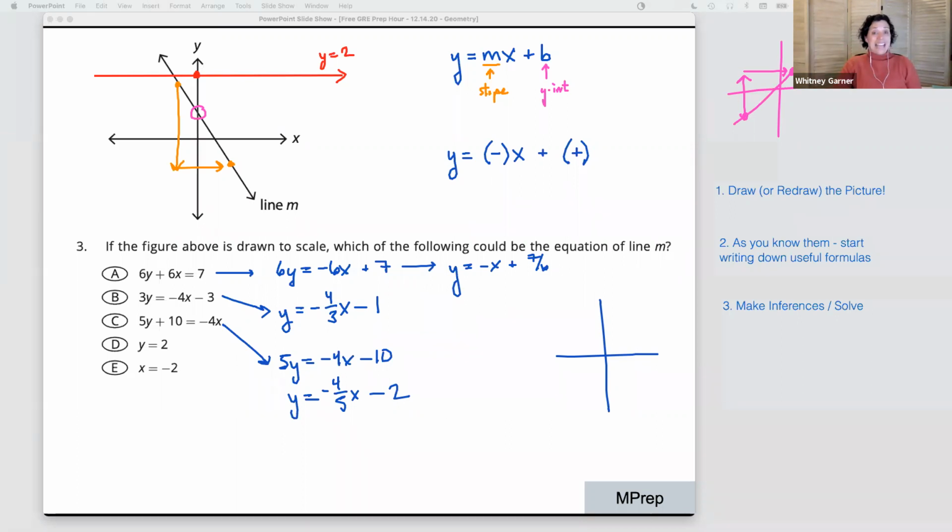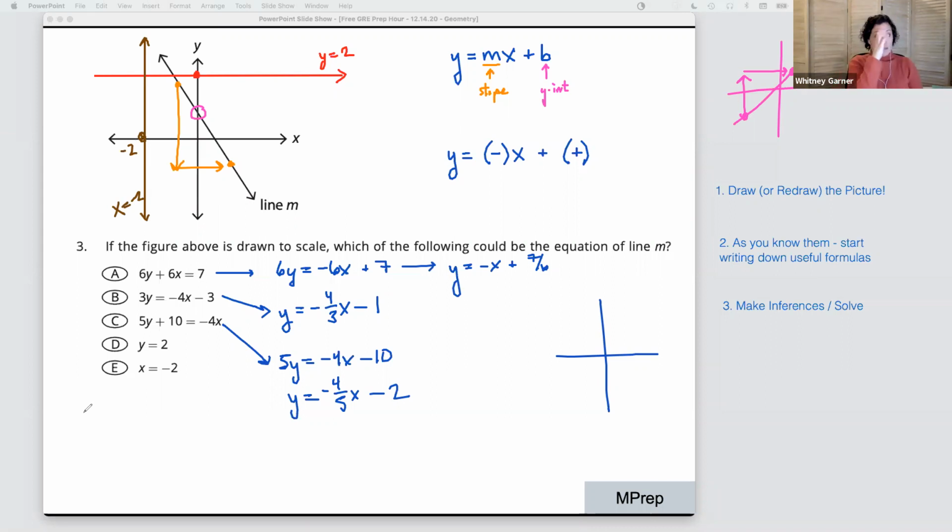X equals negative 2 is going to be a vertical line that crosses where x is negative 2. So if we assume that this point right here is negative 2, then this is the line for x equals negative 2, a vertical line. And so the correct answer is, in fact, A.